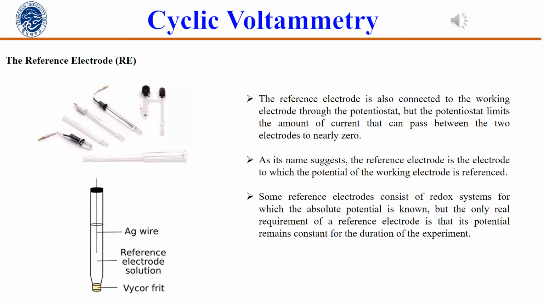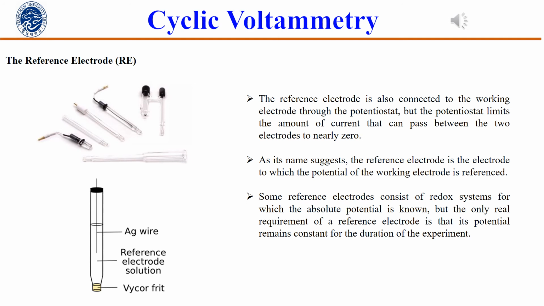Some reference electrodes consist of redox systems for which the absolute potential is known, but the only real requirement of a reference electrode is that its potential remains constant for the duration of the experiment.